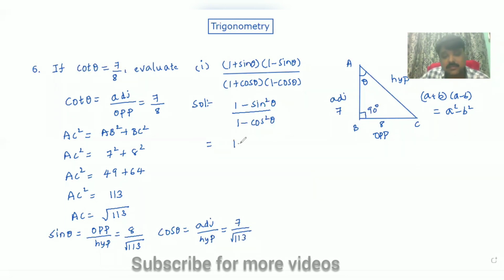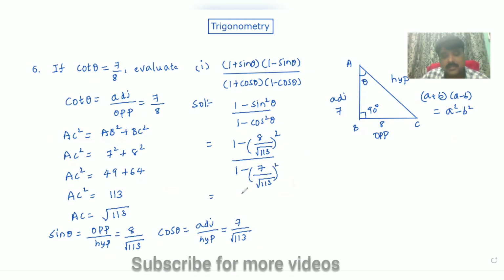This implies 1 minus (8 by root 113) whole square divided by 1 minus (7 by root 113) whole square.